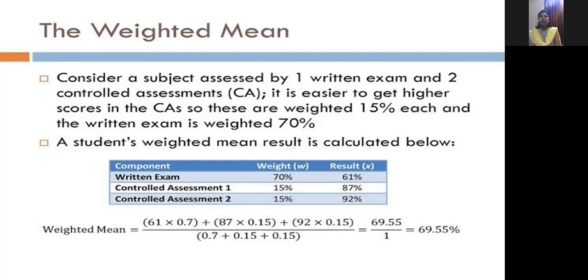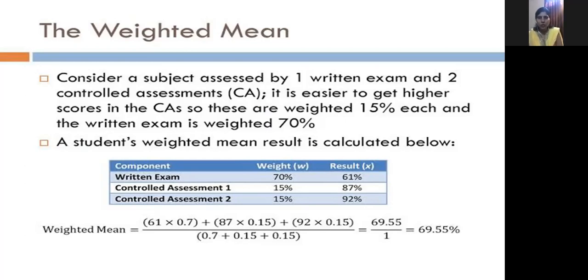What we have to do here is, first of all, multiply the weights with the result. And after multiplication of these values, we find the sum of these values and divide that sum by the summation of the weights given. As we have done in this example, where 61 multiplied by 0.7 plus 87 multiplied by 0.15 plus 92 multiplied by 0.15.